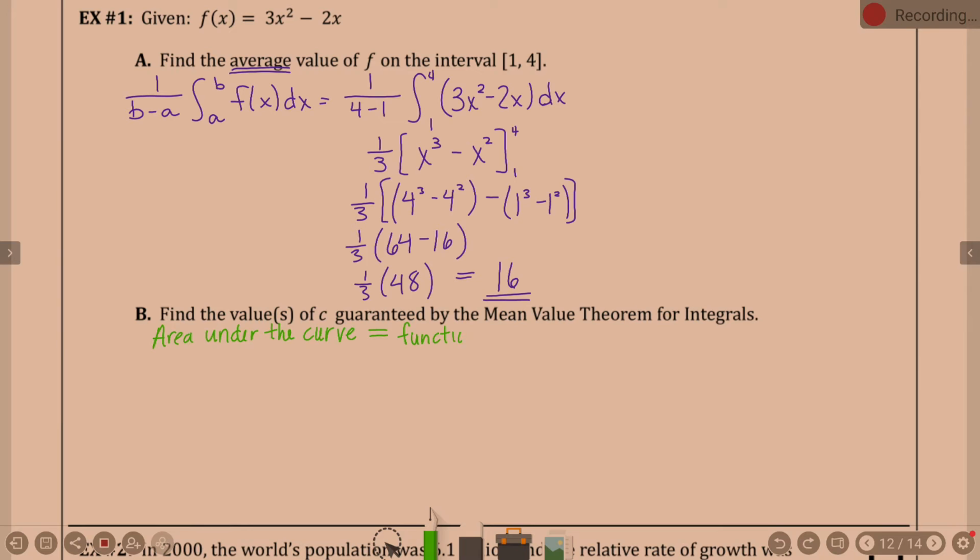So function value times the width of the interval. Realizing function value is also another way of saying the height, right?